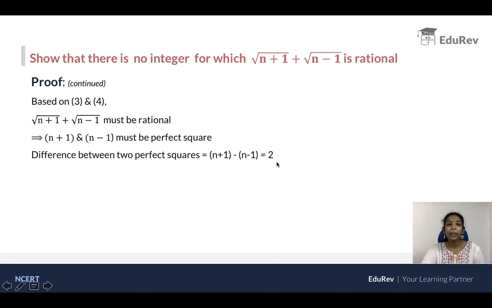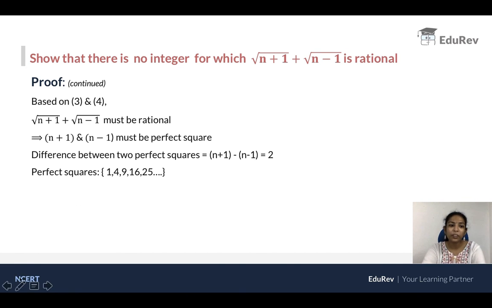So you are able to prove that root of n plus 1 plus root of n minus 1 is a rational number, but there should be a condition that the difference between those two perfect squares should be only 2. Now we'll just look at perfect squares. What are perfect squares? 1, 4, 9, 16, 25, 36, 49 and so on.